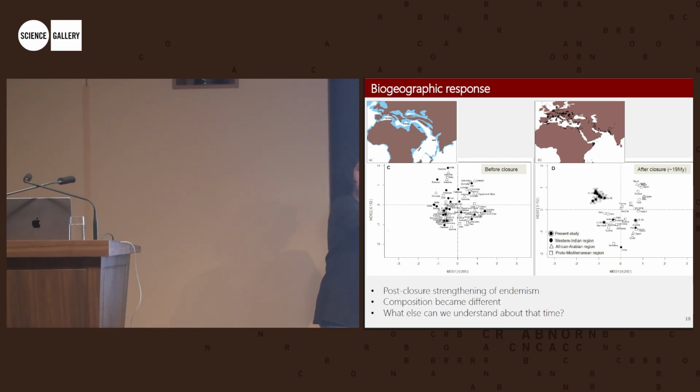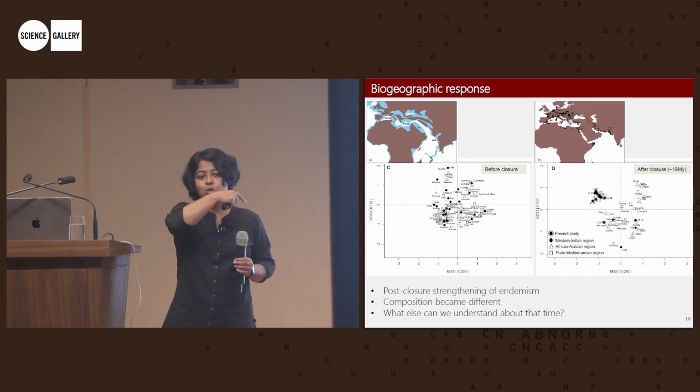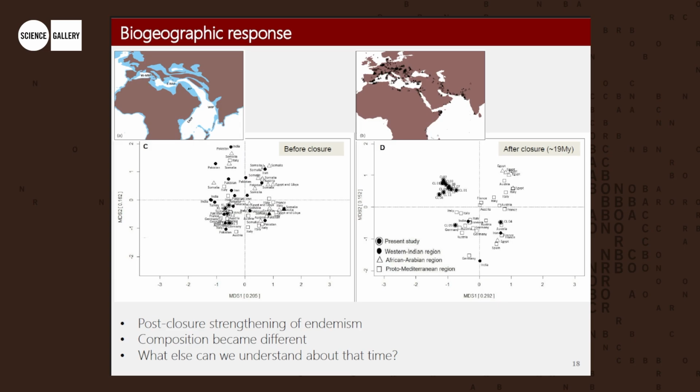So, before this seaway closure happened, you can see all these dots are sort of around the same place. There are no major gaps. You cross and you go to this other plot where it is after closure, you find that there is a cluster of these black dots, but they are very different from the rest of the materials.